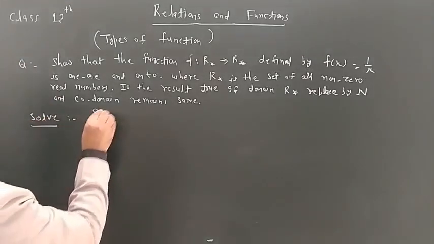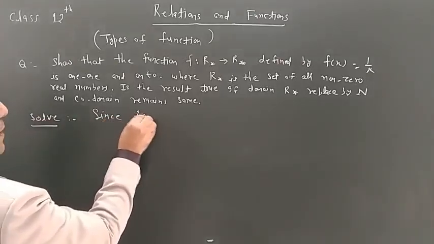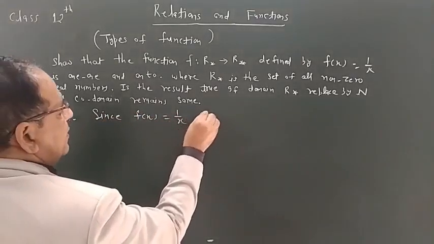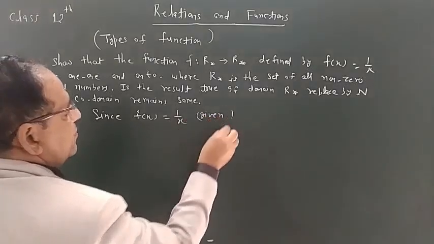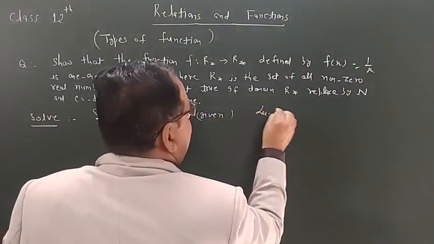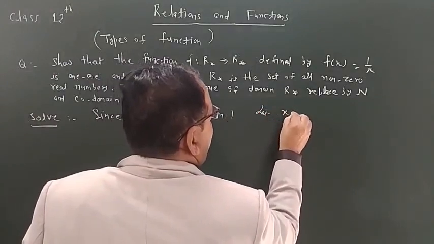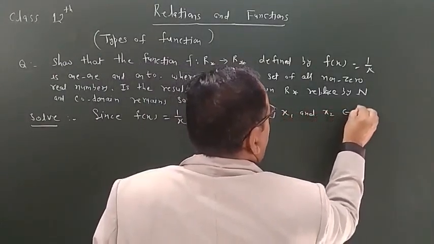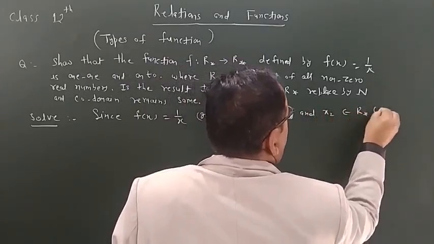Since f(x) equal to 1 upon x, this is the equation. Let x1 and x2 belong to R star, this is the domain.